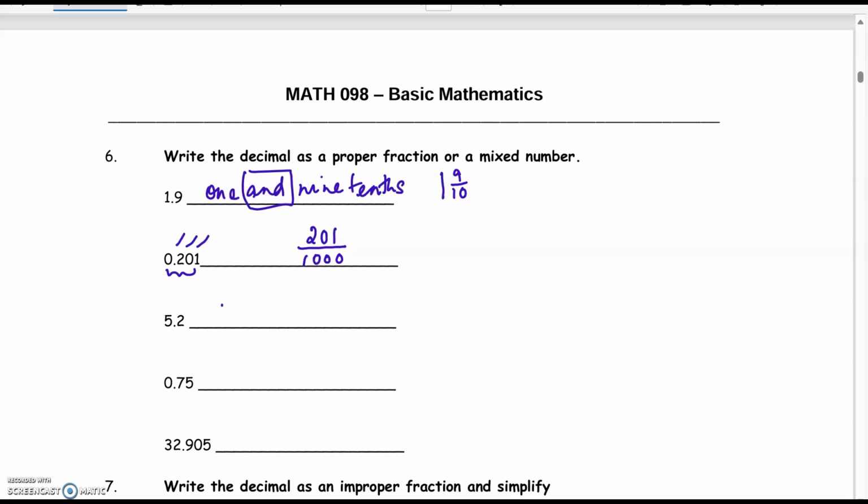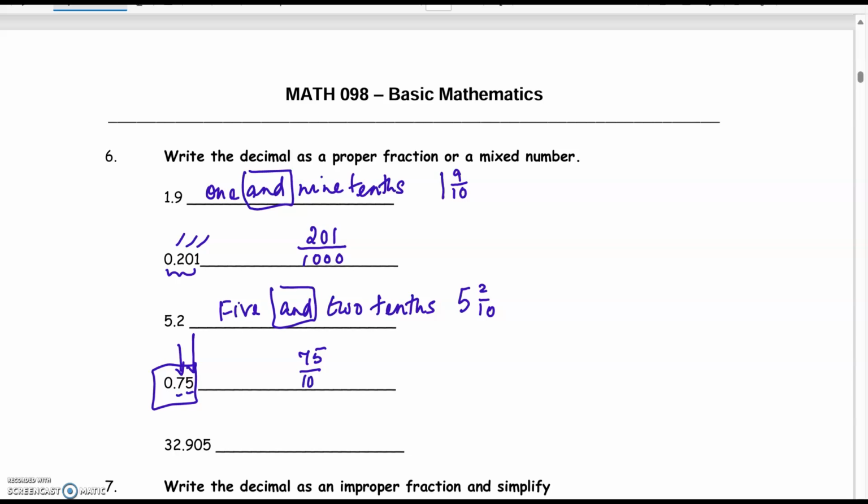The way we're going to read this is 5 and 2 tenths. And we write it as a mixed number exactly the way we read it. 5 and 2 tenths. There's no whole number, so this is going to give us a proper fraction. The way we read it in words in the decimal form is 75 hundredths. Hundredths because this is your tenths and that's your hundredths. 75 hundredths.